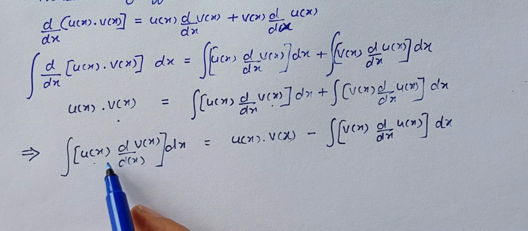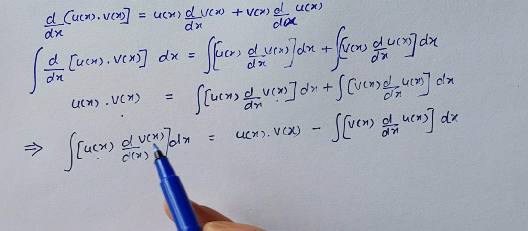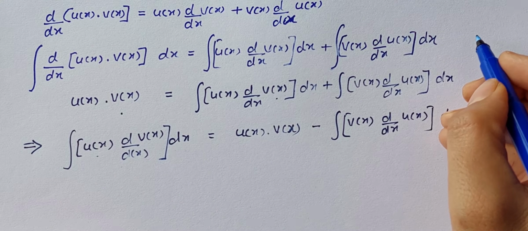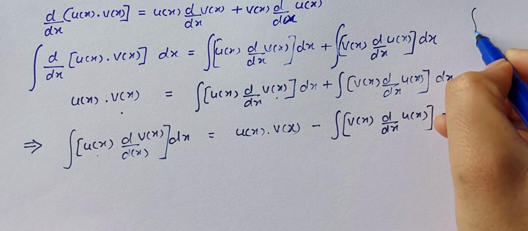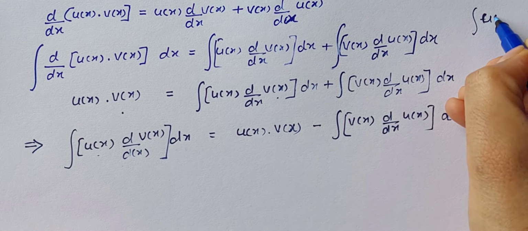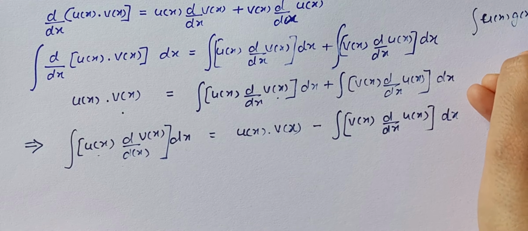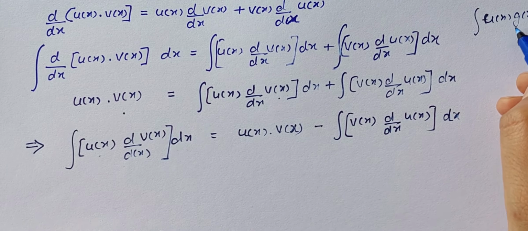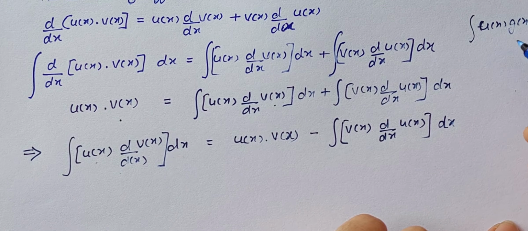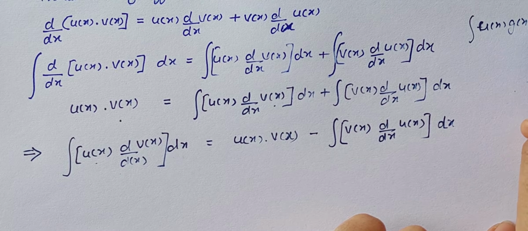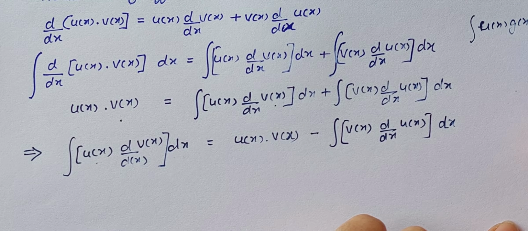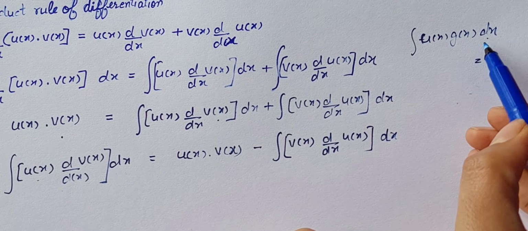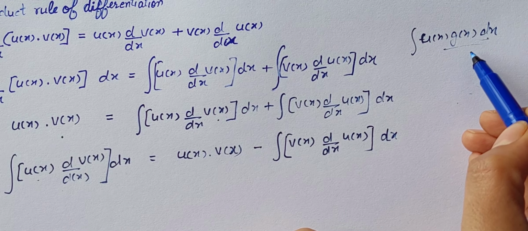So let's reduce it into this form, u(x) g(x) dx, so that this can be looked at as the formula for the product of two functions. It should be something like this.